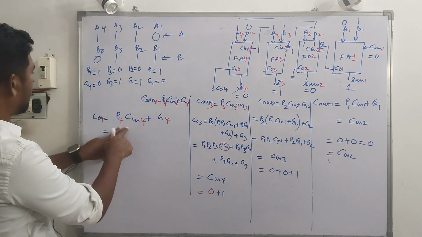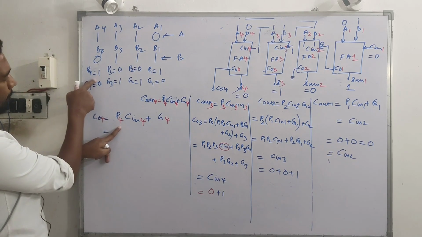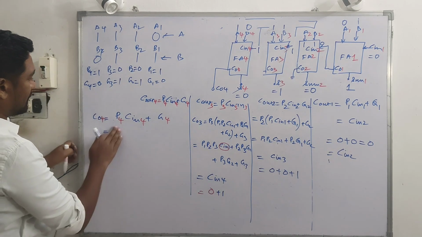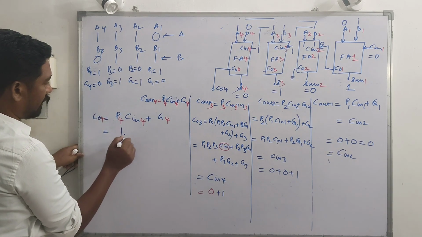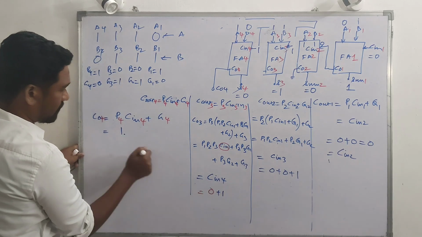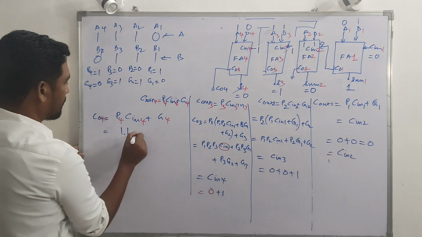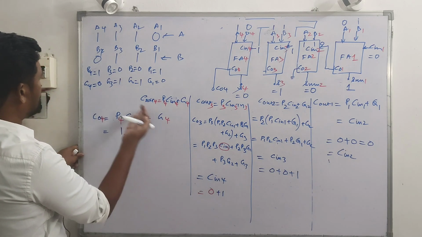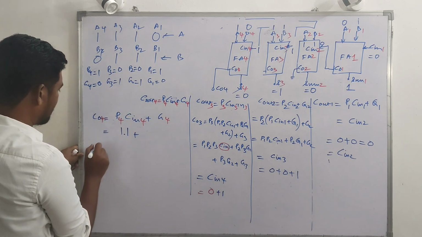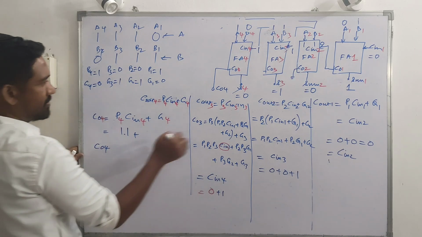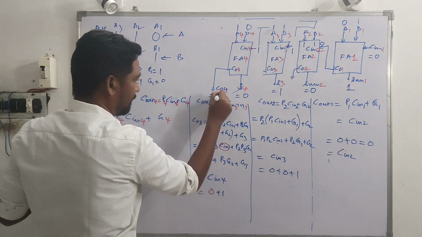P4, what about P4? It's a 1. And C in 4 is also a 1, plus whatever, G4 maybe 0. But finally C out 4 is a 1. Here we're going to have 1.